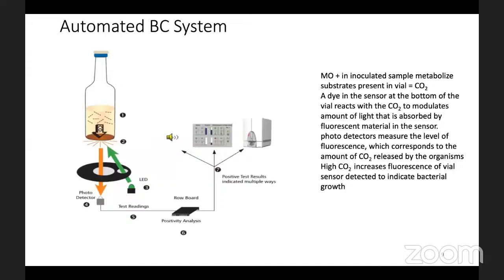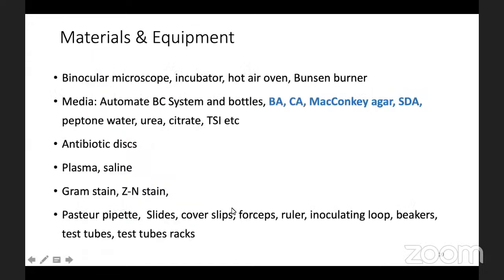Now there's a dye in the sensor at the bottom of the medium, which reacts to the CO2 that is produced. And this regulates the amount of light that is absorbed from the bottle. And this is read by a photosensor. And then we can get our positive or our negative results from this simple but effective protocol.